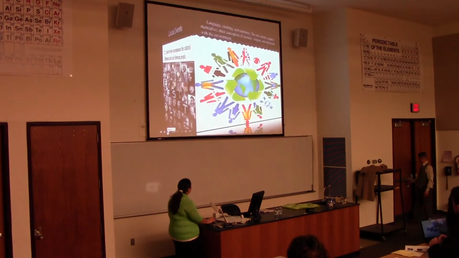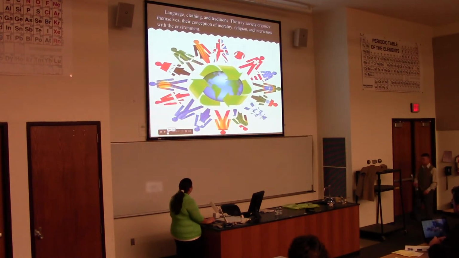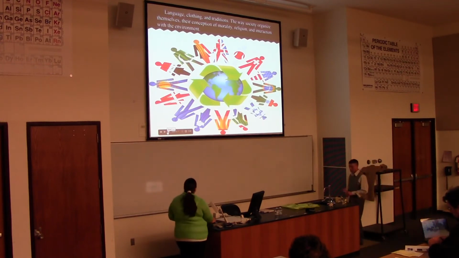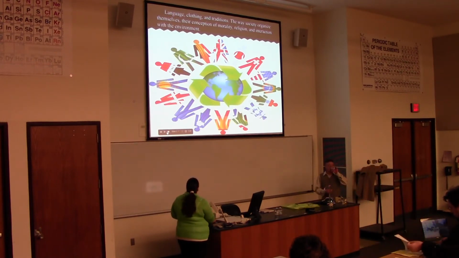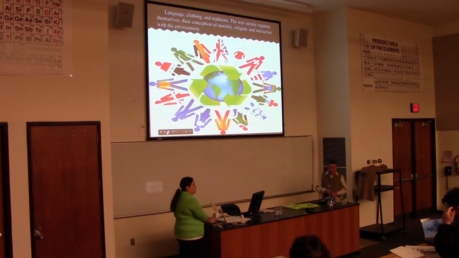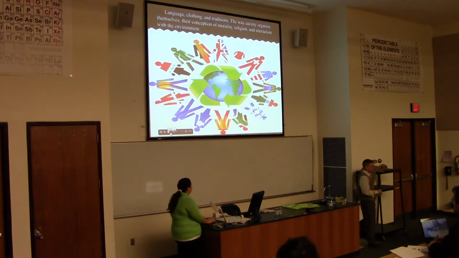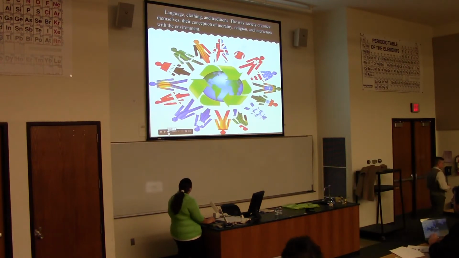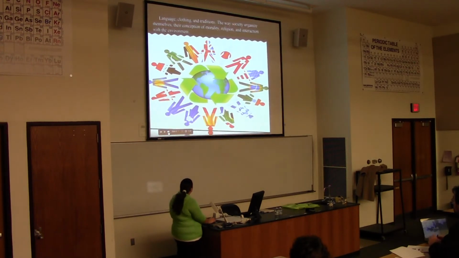It's language, clothing, and traditions. The way the society organizes themselves and the conception of morality, religion, and interaction with the environment. Every single culture has a different way to relate to the environment and how they organize themselves for society.